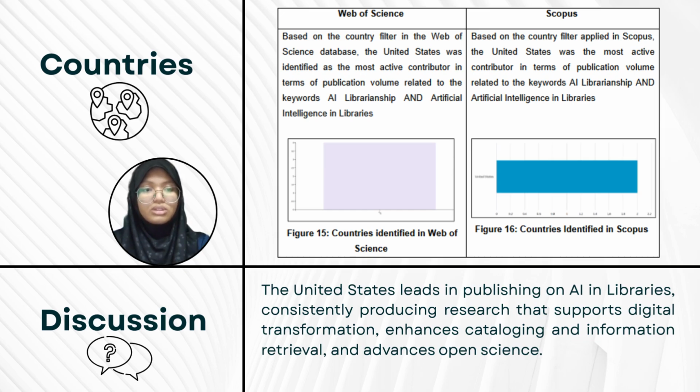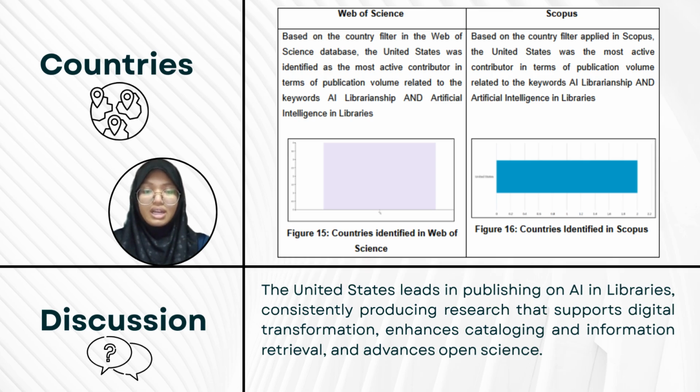In figure 16, countries identified in Scopus, the United States was the most active. Other countries also always do research about AI librarianship and artificial intelligence in libraries.